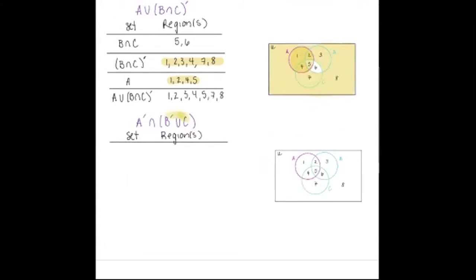Again, I'm going to start inside parentheses. Before I can do this union, though, I've got to find B complement. So let's look at that set first. So this is everything not in B. So I'm going to take everything outside of B. So that would be regions 1, 4, 7, and 8.